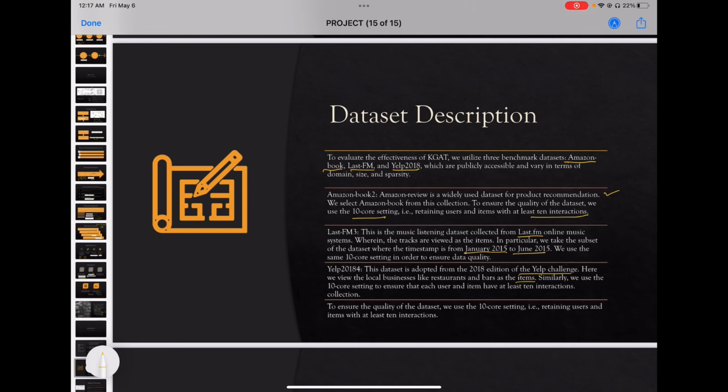Similarly, the 10-core setting is used to ensure that each user and item have at least 10 interactions. To ensure the quality of the data set, retaining users and items with at least 10 interactions, a certain amount of pre-processing is done to the data.